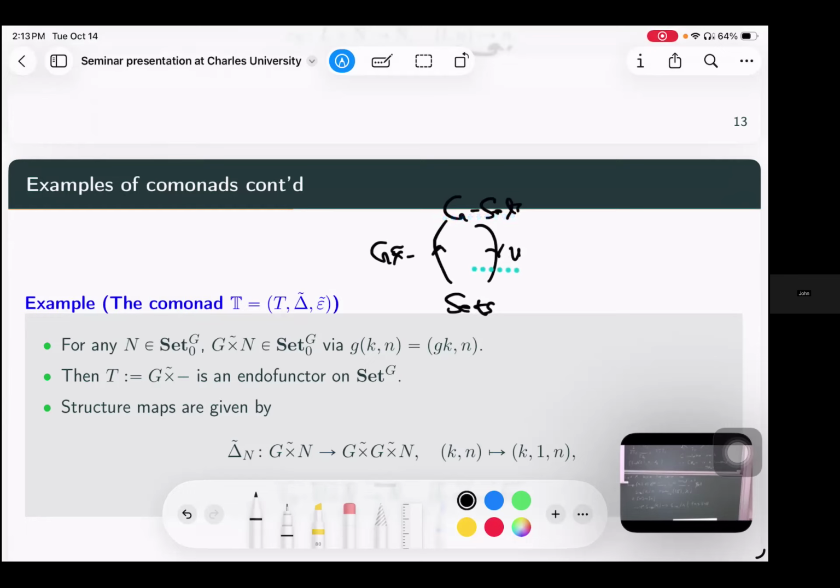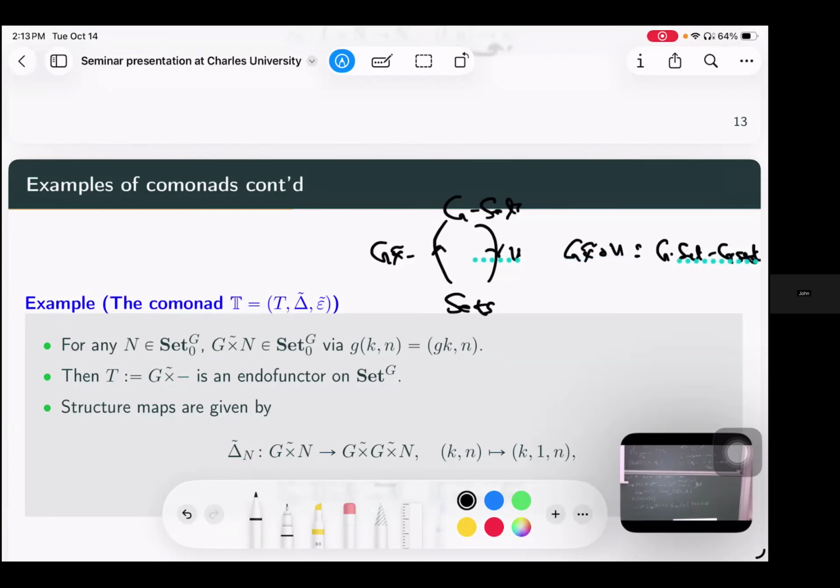So this U actually forgets the action of the group on the set X. And so we first come down, let's say we move from G-sets with U, and then we move back again to G-sets. So when we compose these two, we get an endofunctor from G-sets to G-sets.